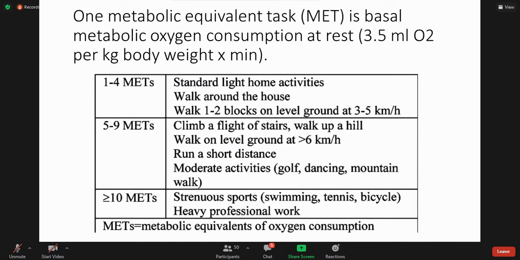That is per minute per kg body weight we are consuming 3.5 ml of oxygen. So we will have to calculate according to the weight of the patient.